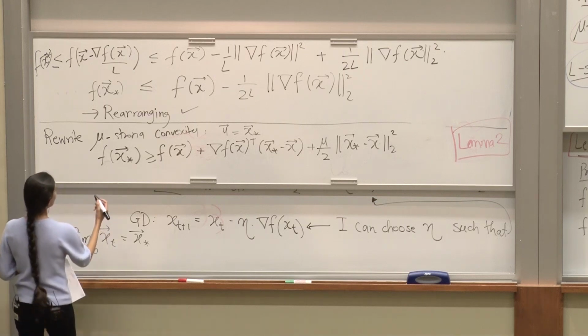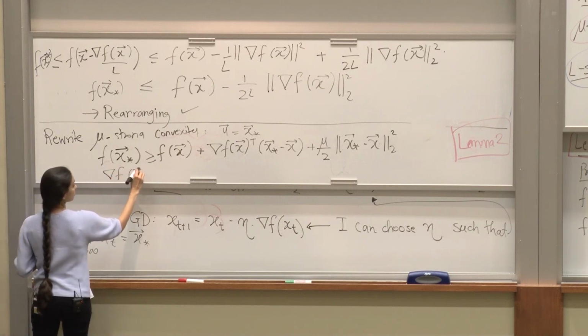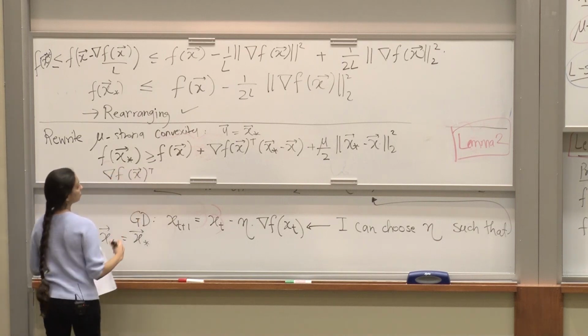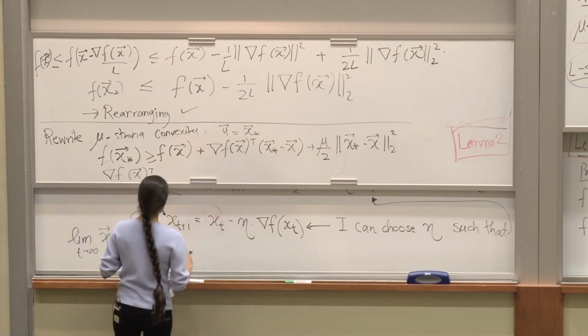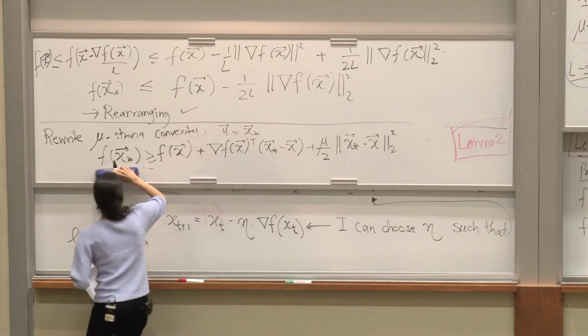So now I have gradient of f of x transpose. Let's do this the very, very slow way.